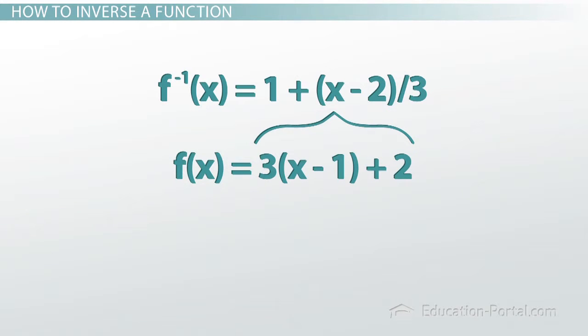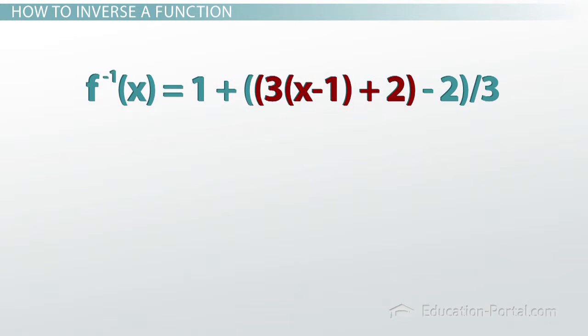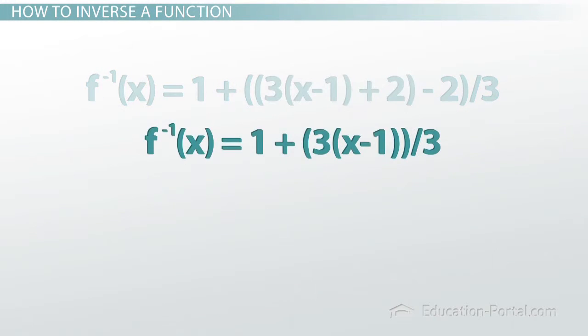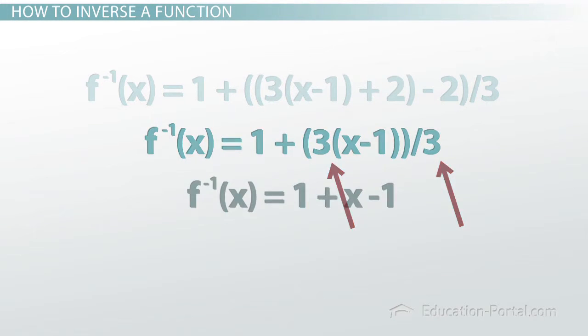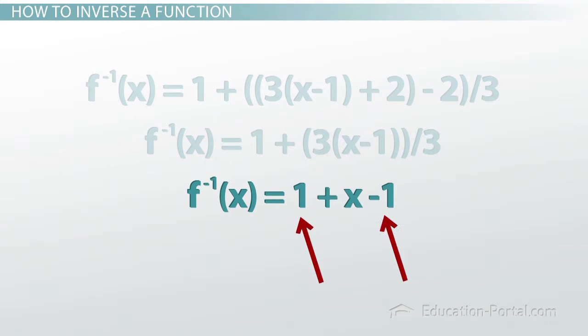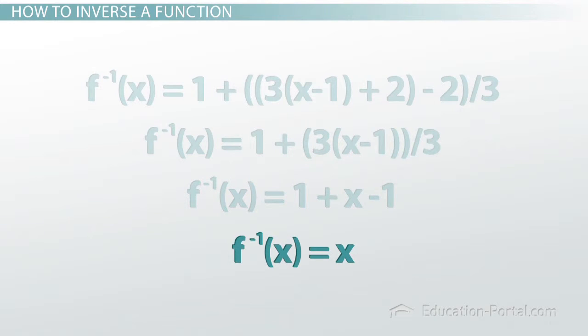That is now my input. So now I've got my input here, and I'm going to simplify. And sure enough, the inverse function of f of x gives me back x, which is exactly what we expect.